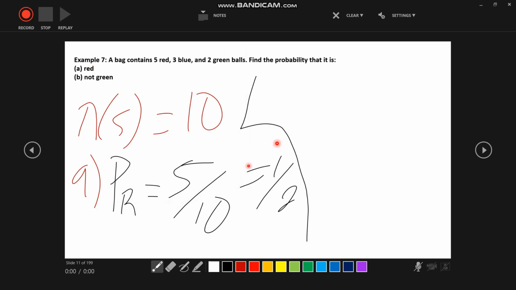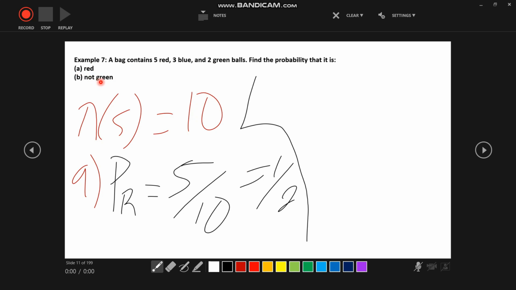So for this experiment these are the sample space of this experiment, and this one is one event. We have to determine if it is red. So it can either be red or not red. So this one will have its own sample space too. The sample space will be red, not red. For this one, the sample space will be green, not green.